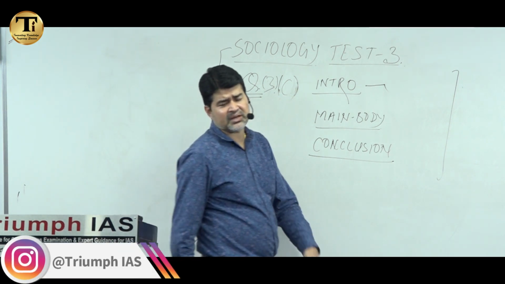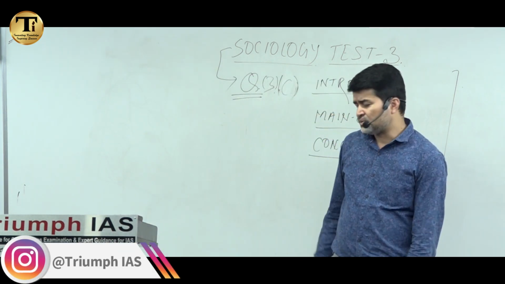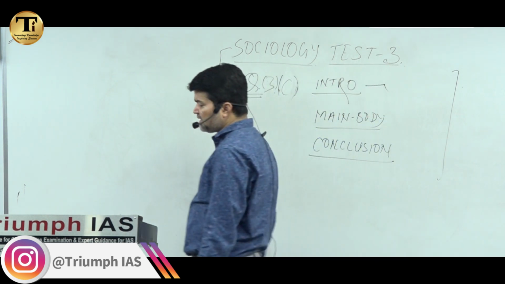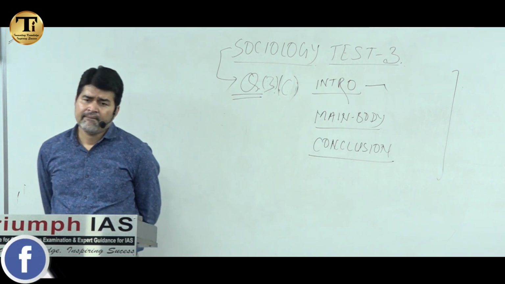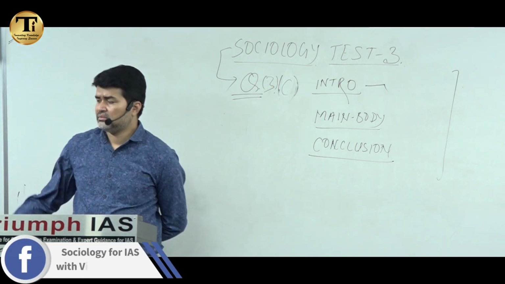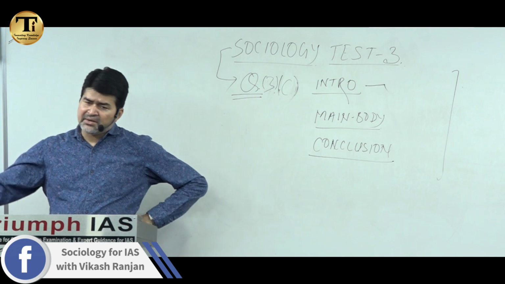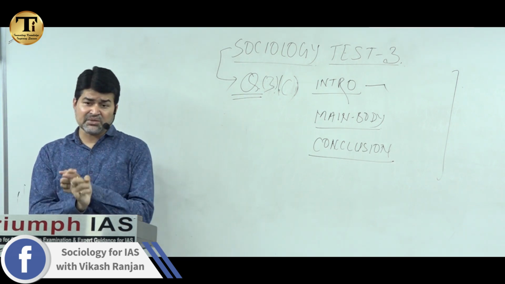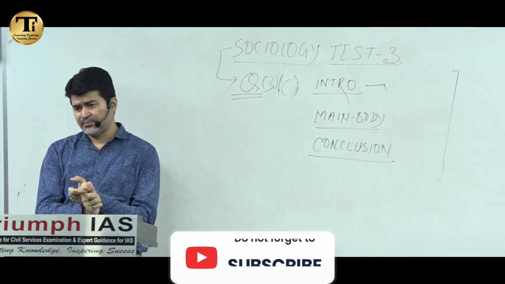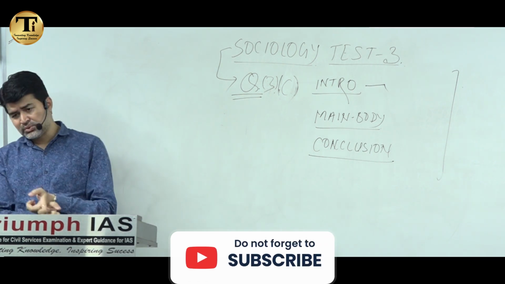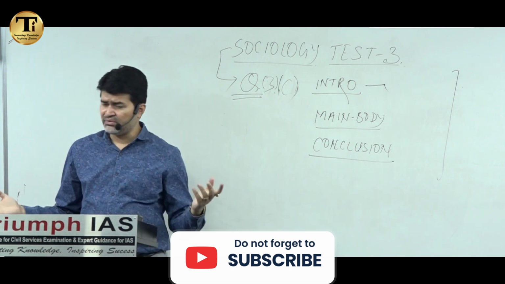Similarly, with other functions: for socialization there are functional alternatives, early childhood care centers. Since these alternatives are there, the relationship of men and women, which earlier was strong, both oriented towards socialization of children, has weakened, and so divorce.